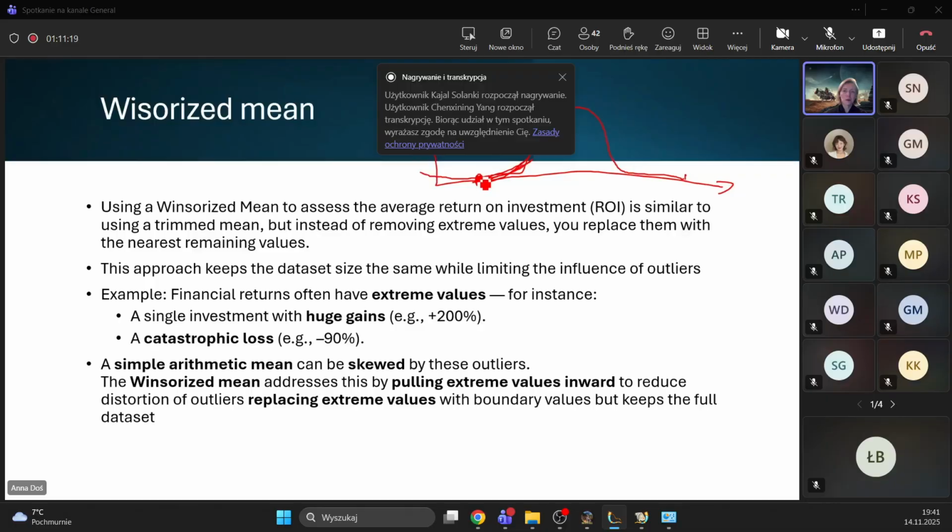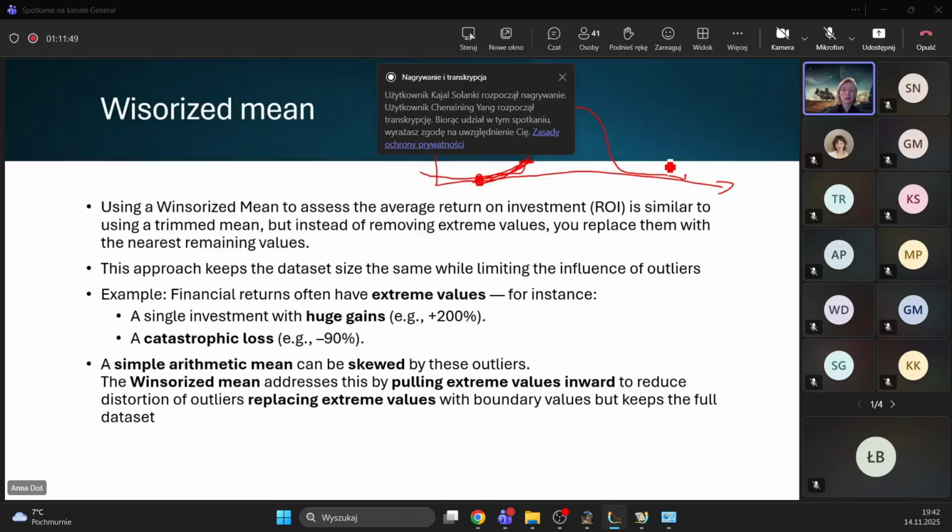The lowest observation is here, and the closest one is here. We remove this observation, replacing it with the closest observation, and the same for positive returns. So we pull in extreme values, however, we do not reduce the number of observations. This is Winsorizing the mean. So we keep the full data set.